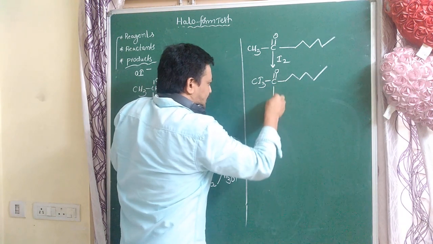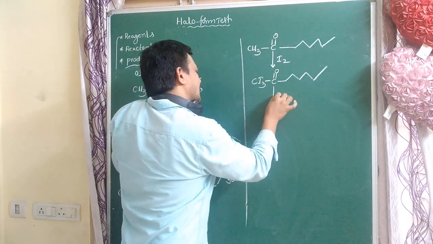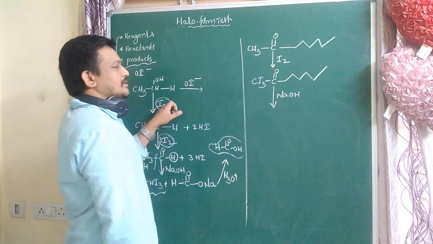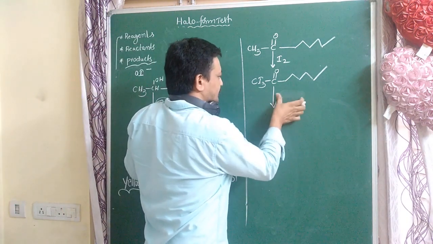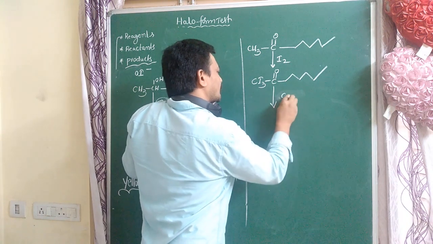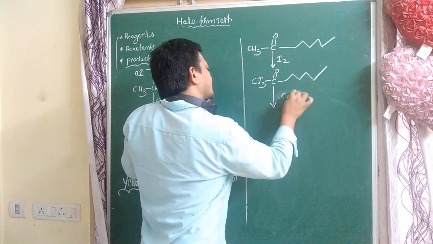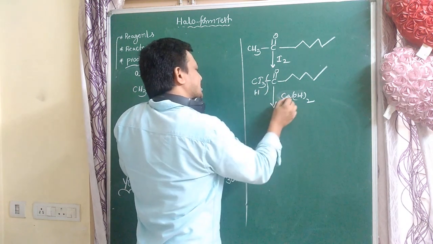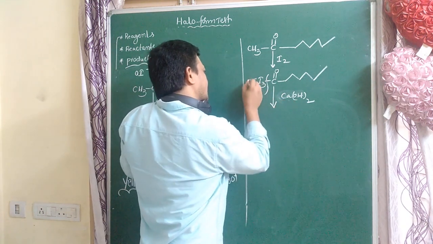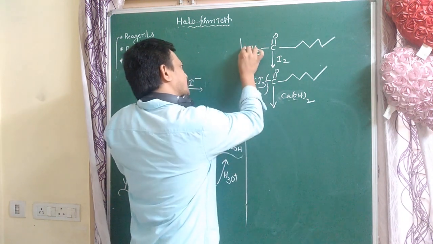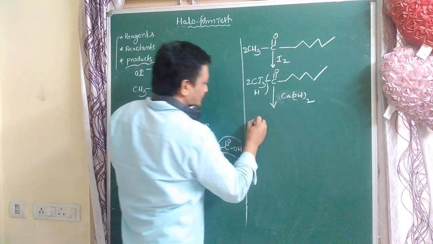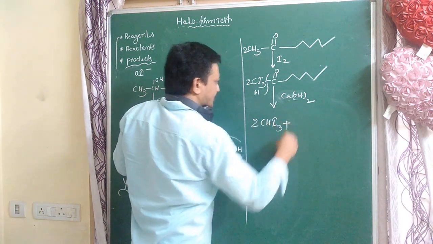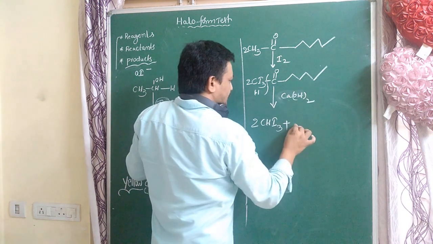After that comes hydrolysis with NaOH, KOH, or Ca(OH)2. Break here and add H. Here 2 moles are involved, giving 2CHI3 plus the rest.